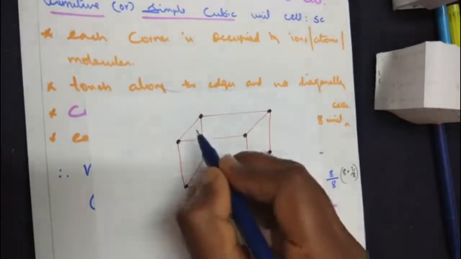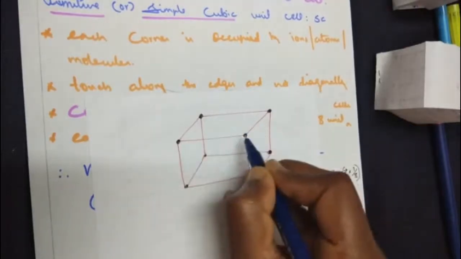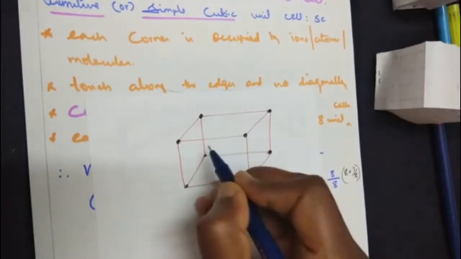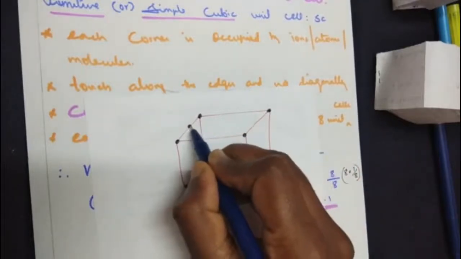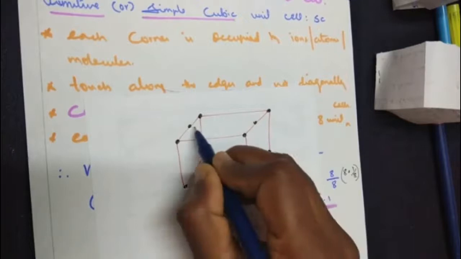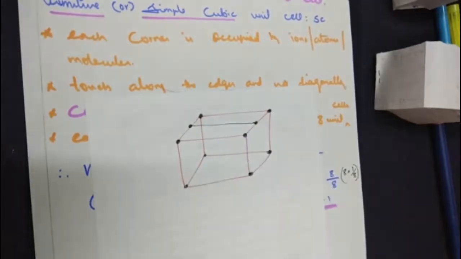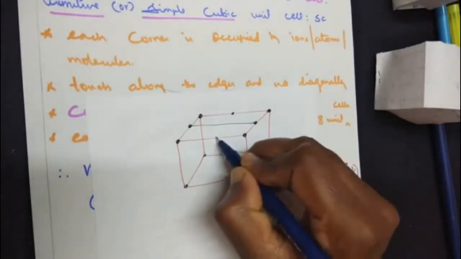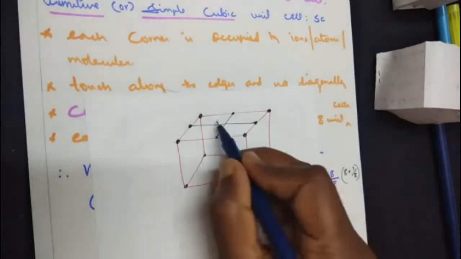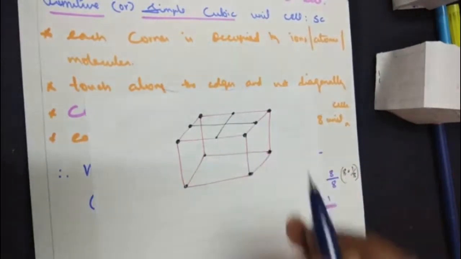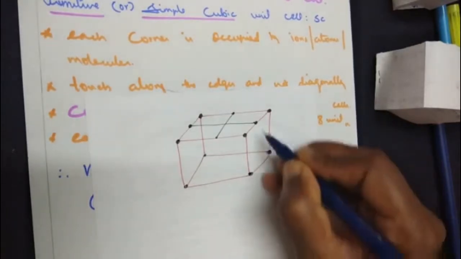The next thing you have to remember is each face is divided into 4 parts. So if you keep a dot here and a dot here, draw a line. It's divided into 2. Keep a dot here and a dot here, further divided. So each face is divided into 4 parts. Similarly, come down here.